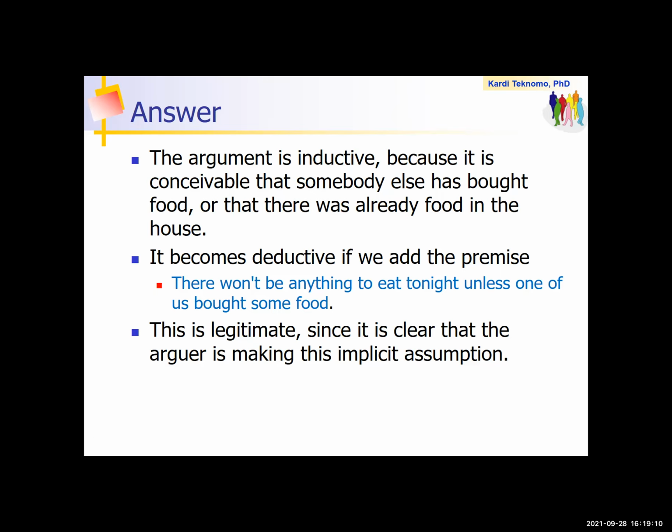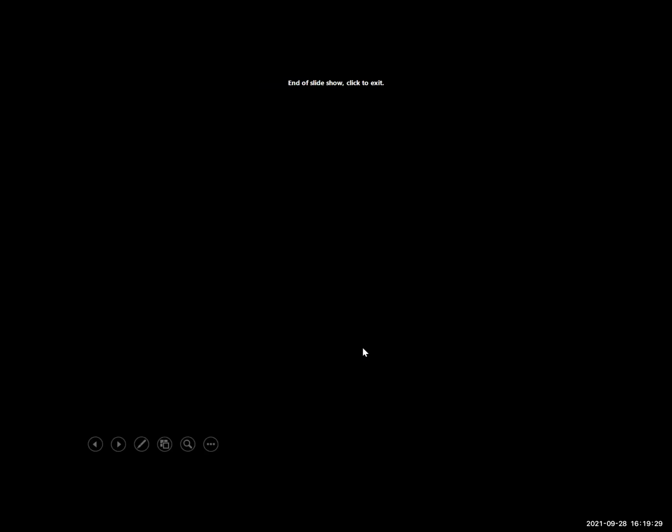So when you want to make it deductive, you add this premise, for example: there won't be anything to eat tonight unless one of us bought some food. Again, there is some implicit assumption here.